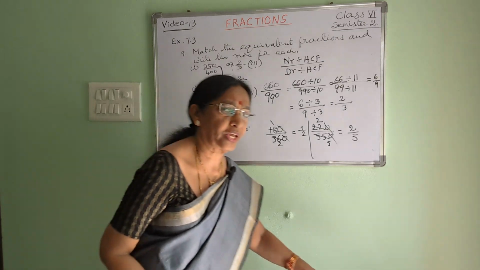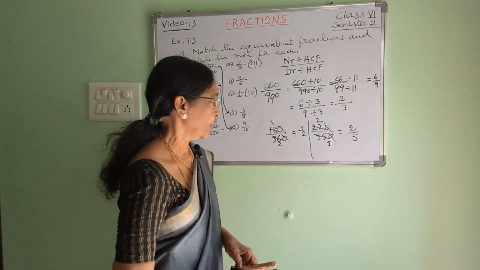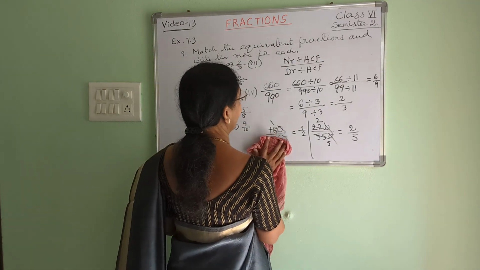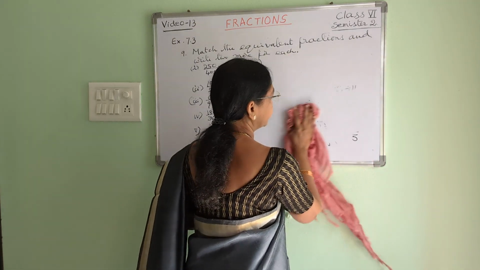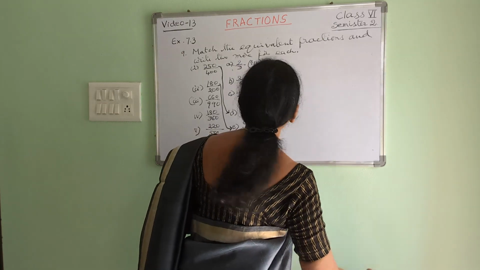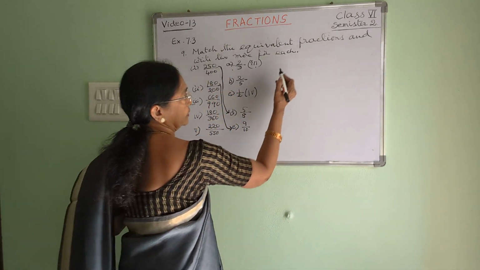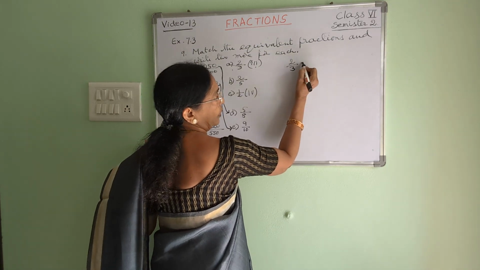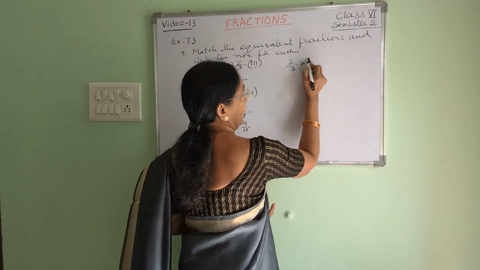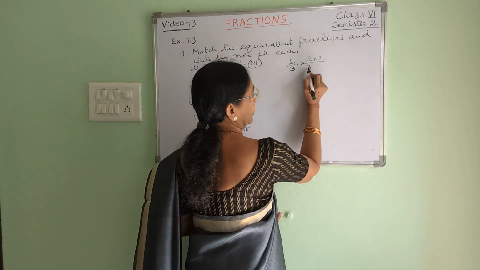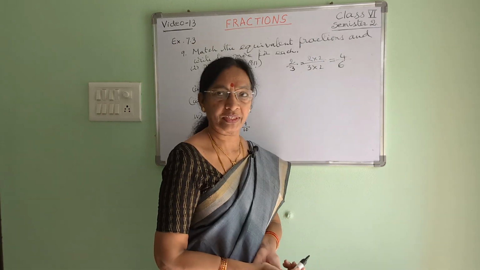Okay. Now they have asked to write 2 more equivalent fractions. We will do that, 2 more equivalent fractions for each of the fractions. So for the first, 2 by 3, we will multiply both the numerator and denominator by 2. 2 into 2 by 3 into 2 is equal to 4 by 6, an equivalent fraction.